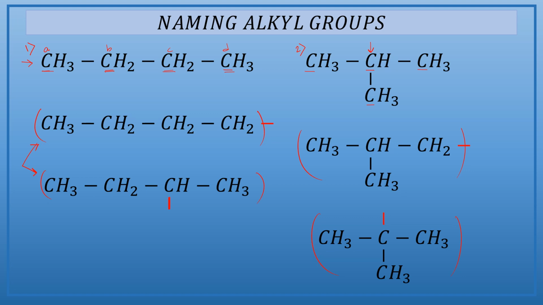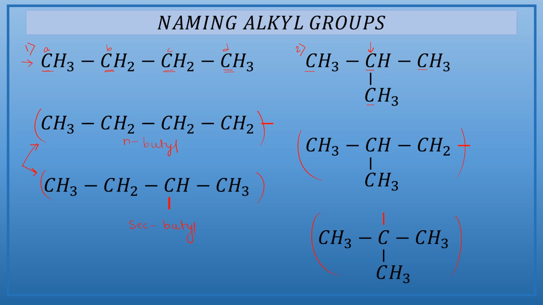The first structure that we got here is called normal butyl. The second structure derived from the straight chain of 4 carbon unit length is called secondary butyl.